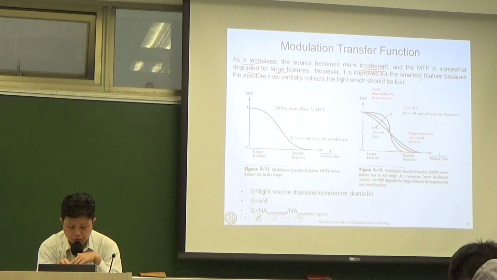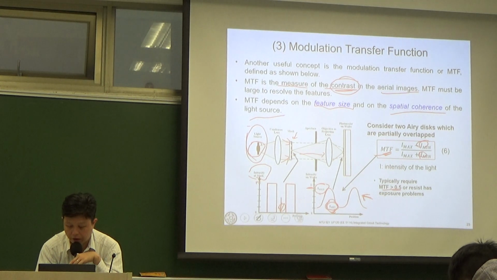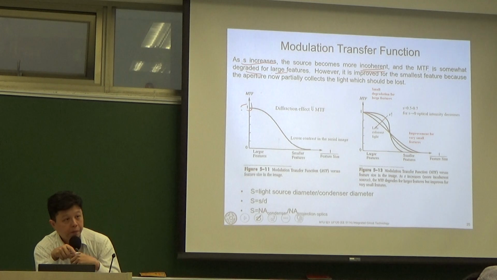You can see from these figures, ideally it is 1, which means your I minimum is 0. So I min divided by I max equals 1. So 1 is the ideal case, right?